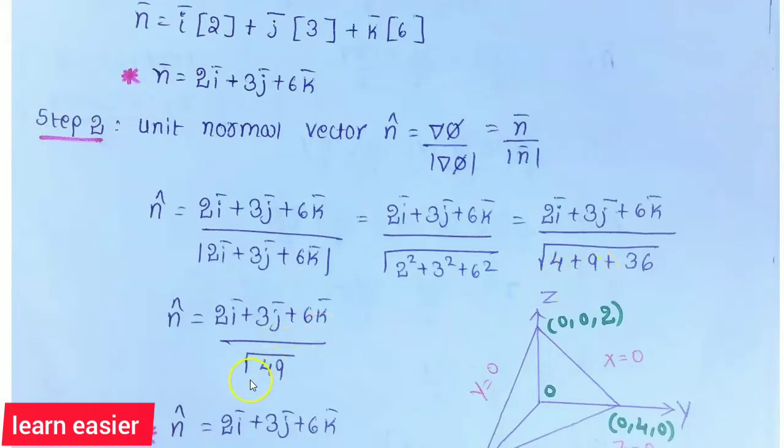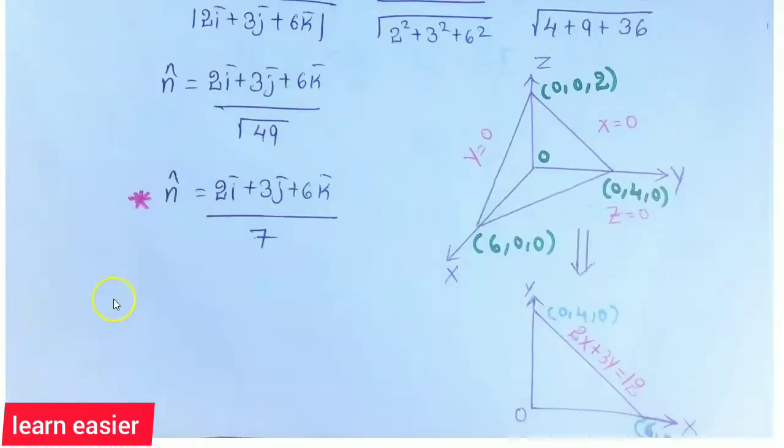So we get 2i bar plus 3j bar plus 6k bar by root 49, and the square root of 49 is 7. So the unit normal vector n cap is 2i bar plus 3j bar plus 6k bar by 7.